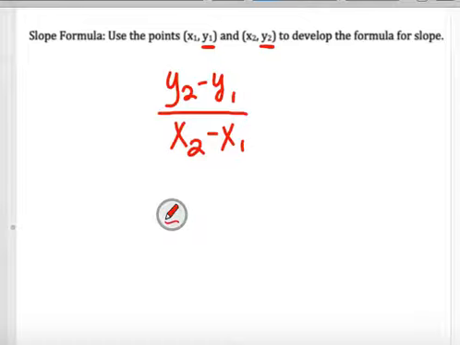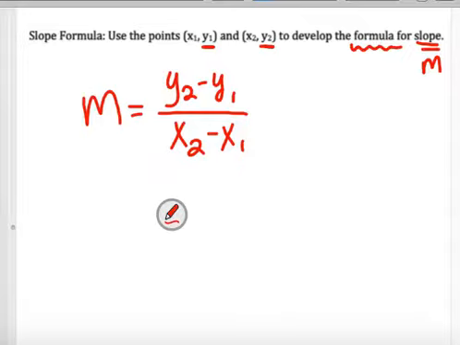And if we're going to write this as a formula, we'd want this to be equal to something. And slope, we know, can be referenced as m in our y equals mx plus b format. So we're going to write m equals.